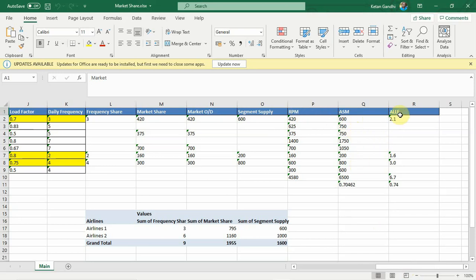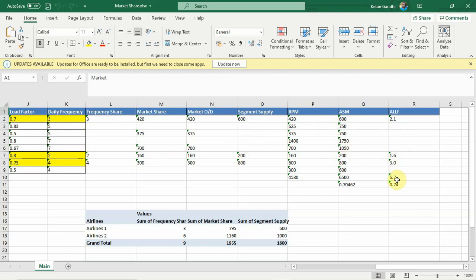This is the average load factor, averaging the load factor for this route for the 2 airlines. This one, the average load factor, was 2.1, and for airline 2 it is 1.6 and 3. Okay, we are calculating this for airline 2.